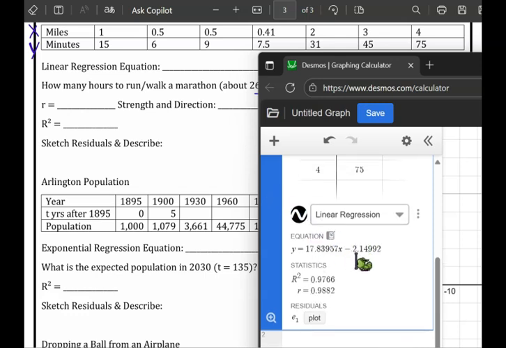It has our equation, our determination coefficient, and our correlation coefficient, and we could plot our residuals. Let's go ahead and record the equation and the coefficients on our paper.